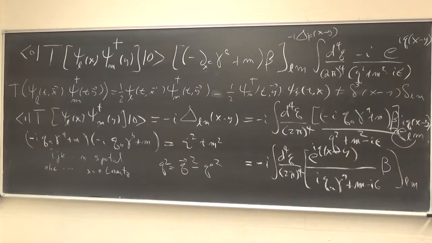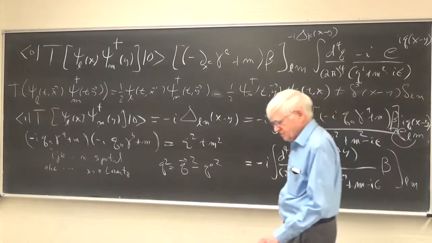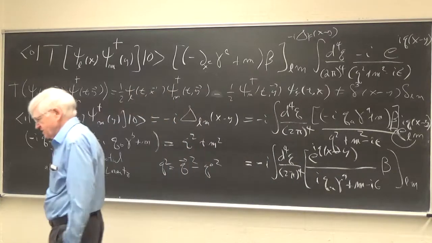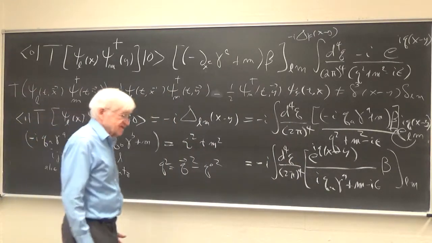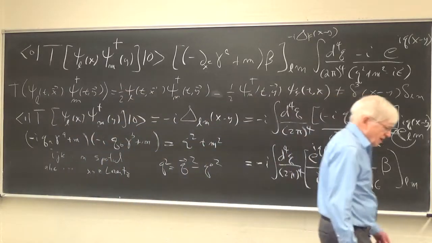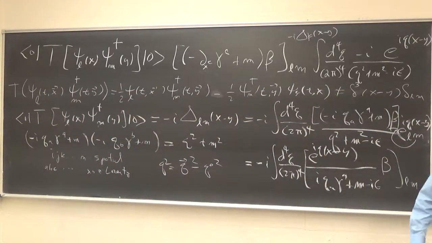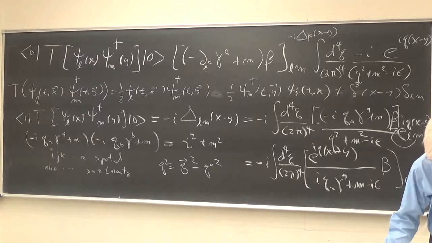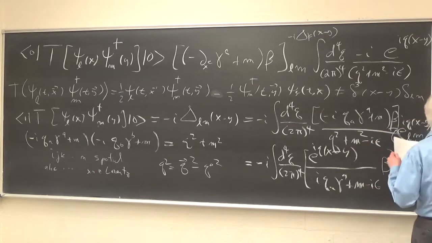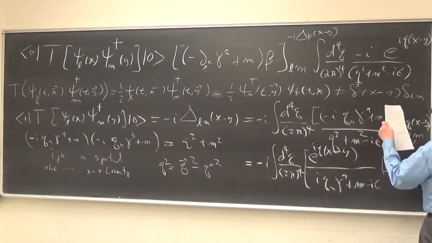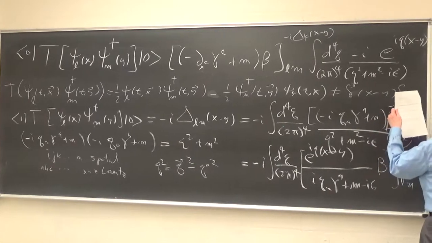Okay, you ready? All right, so that's the formula. Now what I think I should do is show you how this works in the calculation we did a few weeks ago, when we were talking about a theory with a Hamiltonian density.